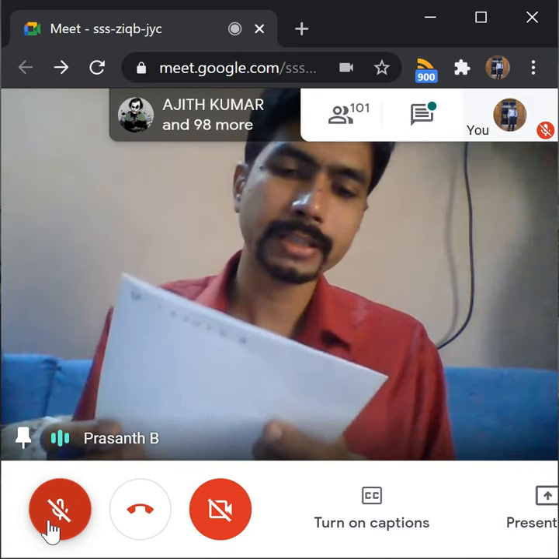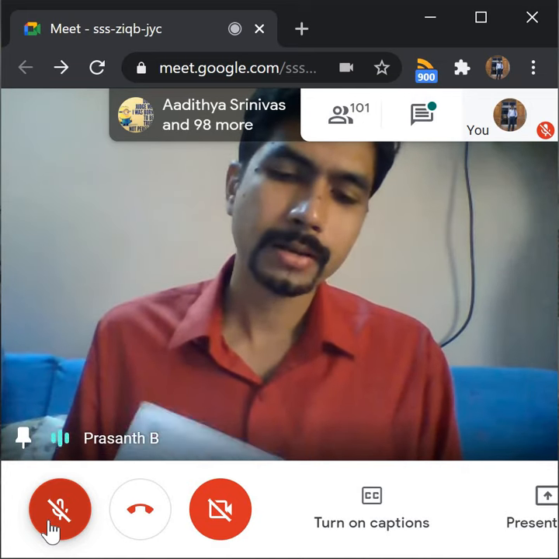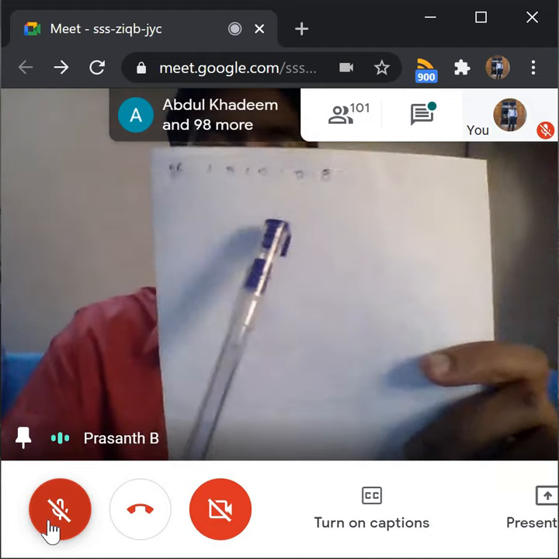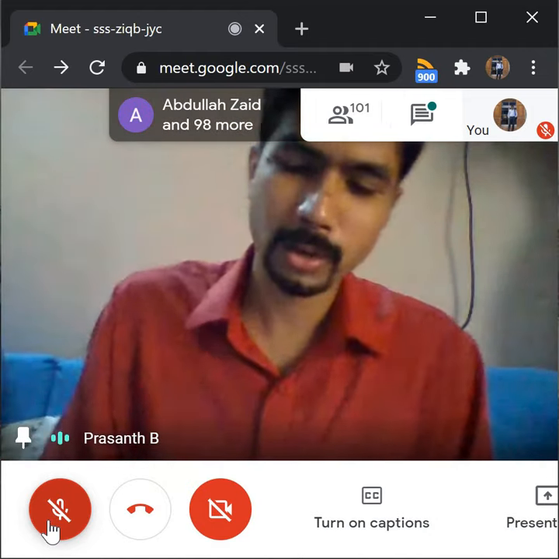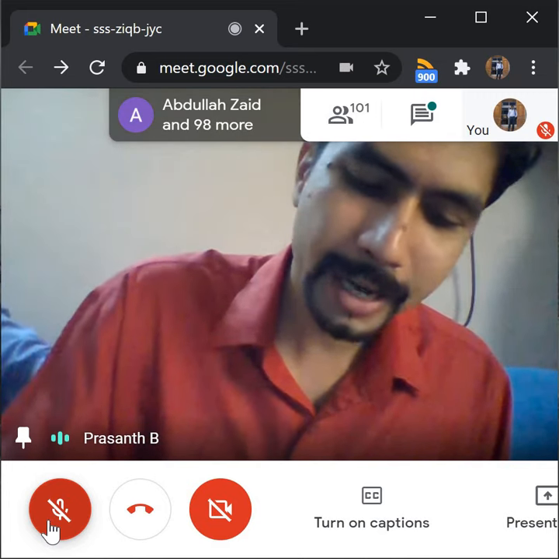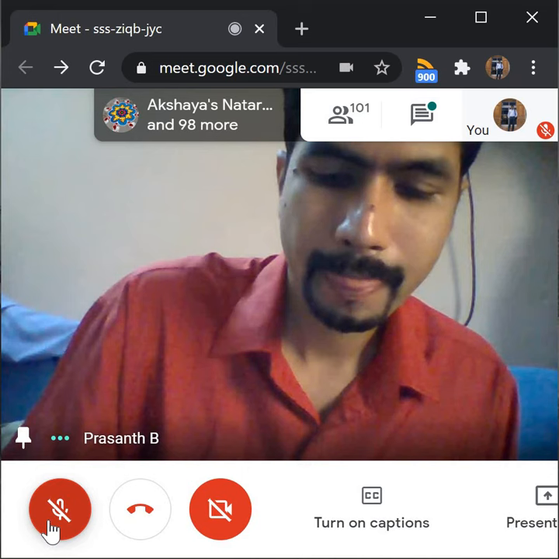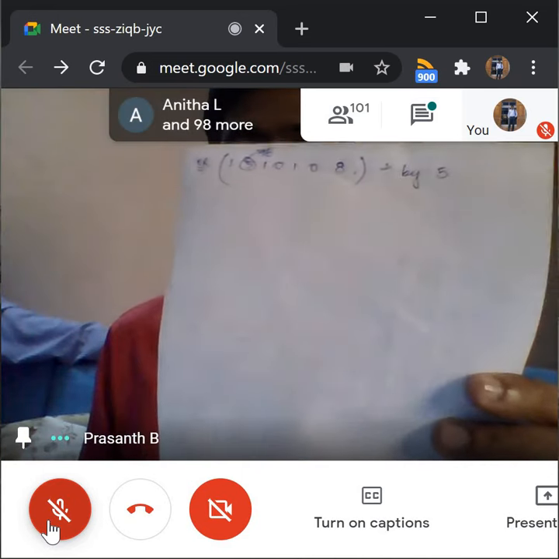So the old row is 1 5 1 0 1 0 8. So this is the old row, correct? Yes, sir. Now what I am going to do, I am going to divide this entire row by 5. Can you see that?